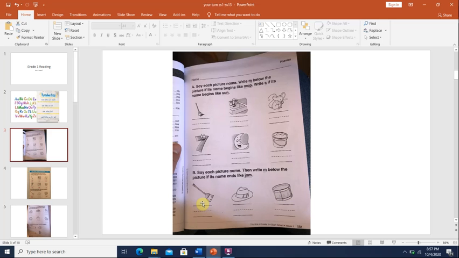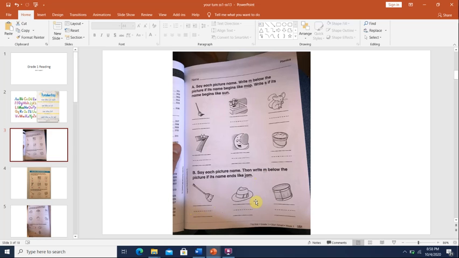Does broom end with M? Yes. A broom is what we sweep the dust with. So we will be writing small m here. As you see, this is small m, and m begins from the middle line all the way to the bottom line.